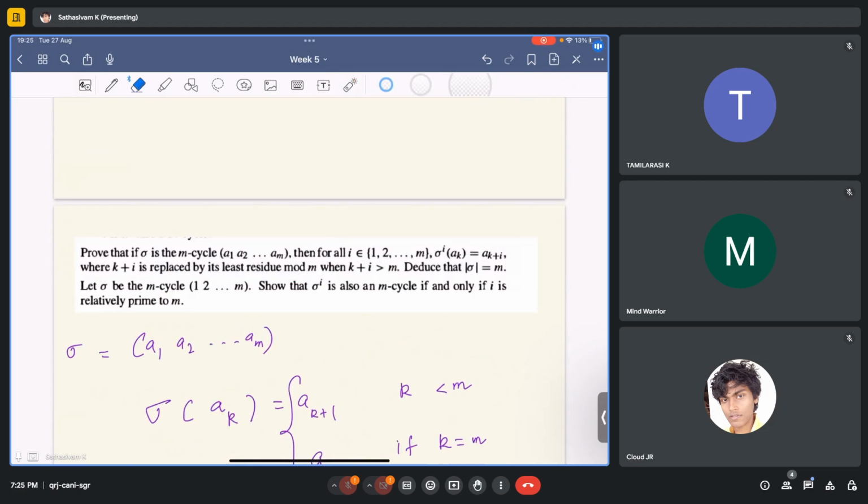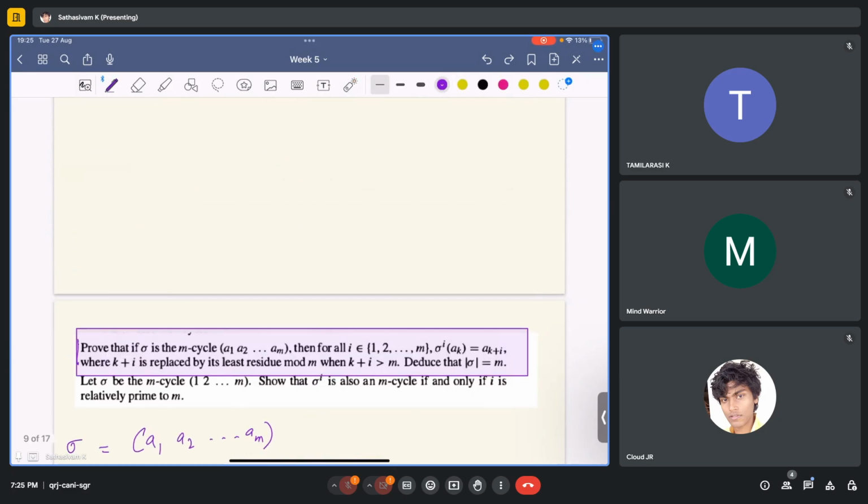So this one we have done. Basically, what it says is you are just going cyclically. If you have something like a1, a2, a3, a4, a5, a6, and let me call this sigma.